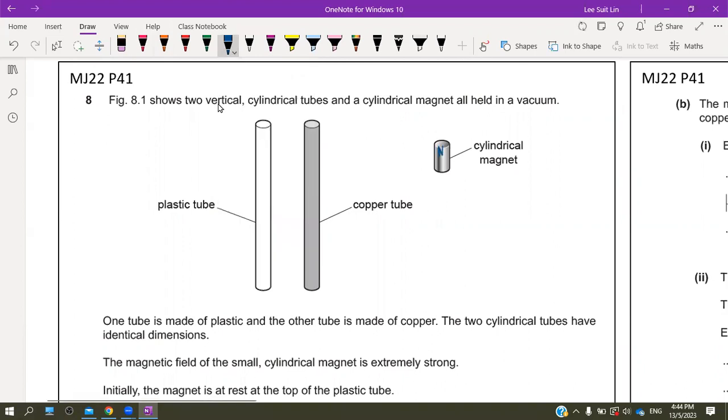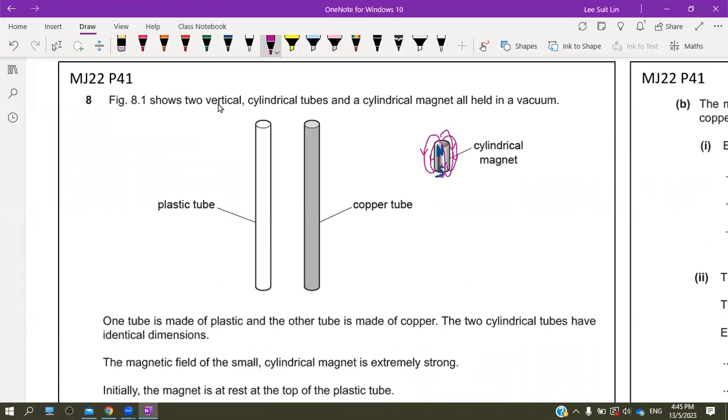It doesn't really matter where it's north and south. Your magnetic field lines will be like this, in all directions, because it's a 3D magnet. You get these magnetic field lines curving out of the magnet.